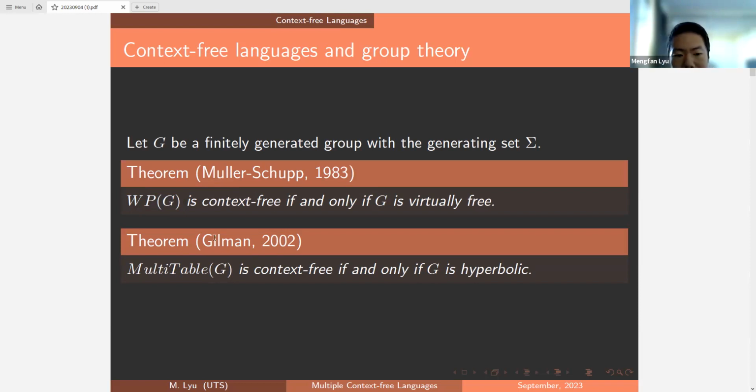The second theorem tells us the multiplication table of a group is context-free if and only if it is hyperbolic. So using these 2 theorems, we can tell whether a group is virtually free or hyperbolic by thinking about its word problem or multiplication table.